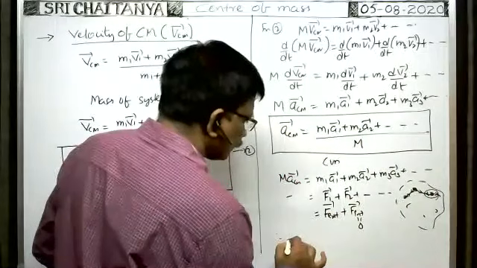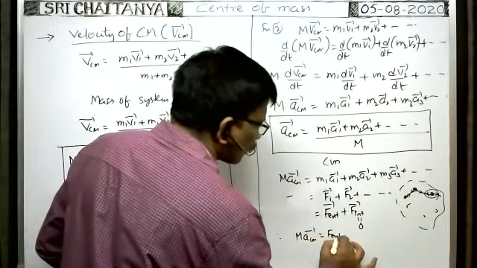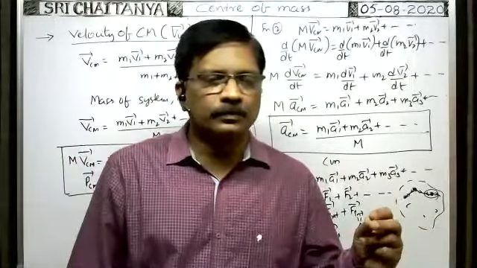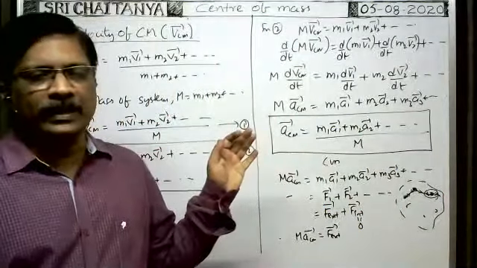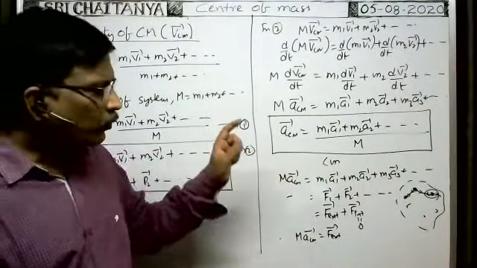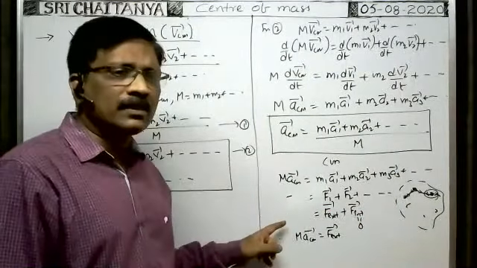Therefore, M A_CM bar is equal to F external force only. That means when you apply the external force on a system, that external force acting on the system is equal to the mass of the system into the acceleration of the center of mass.